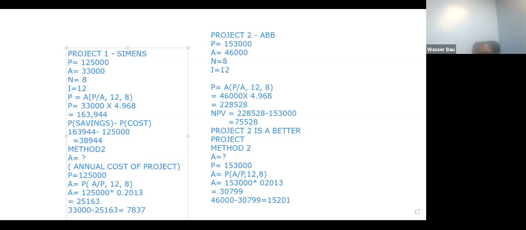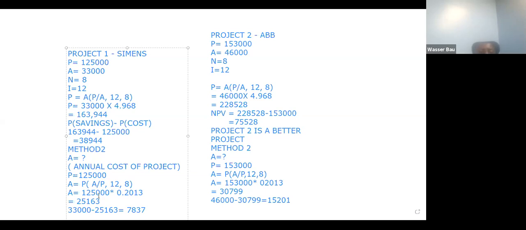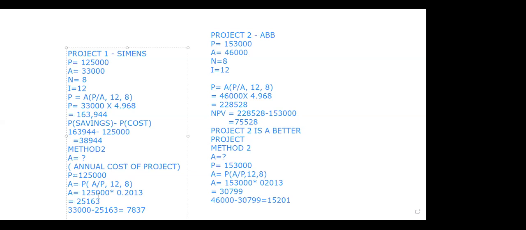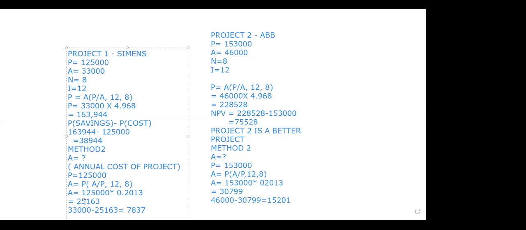What would be the annual cost? And that annual cost is what we got as 25,163. In other words, it's either you give me 125,000 to invest today, or you split it into 25,000 every year for the next 8 years. They are the same thing. Did you understand it? 125,000 is the project cost.